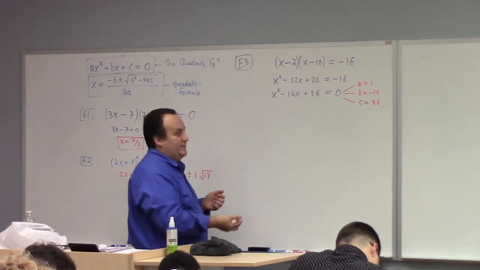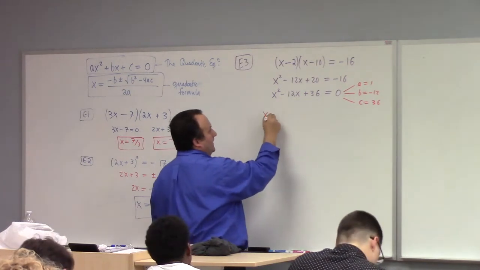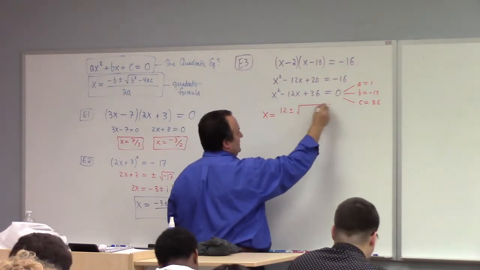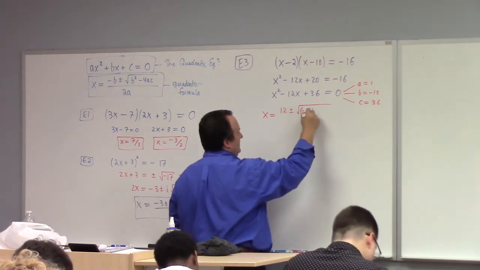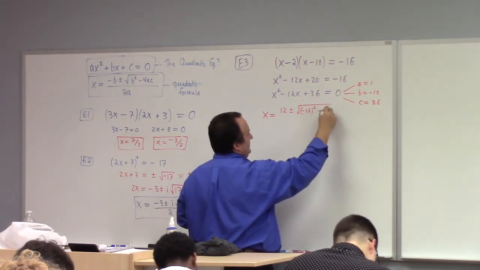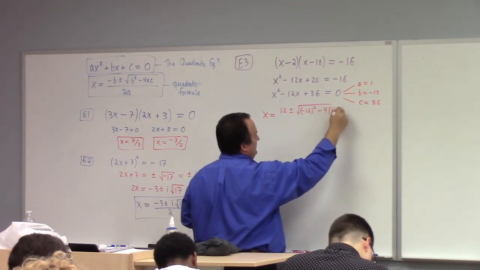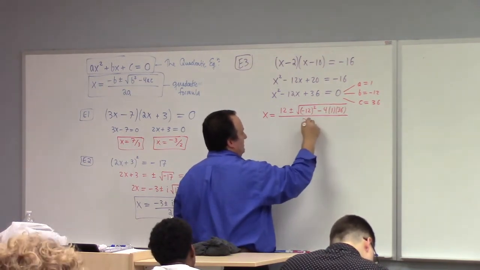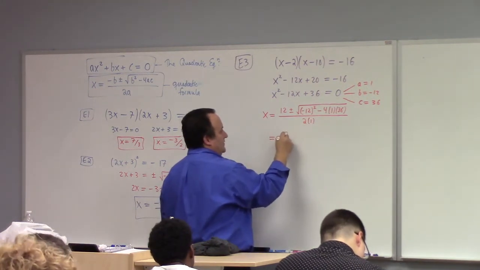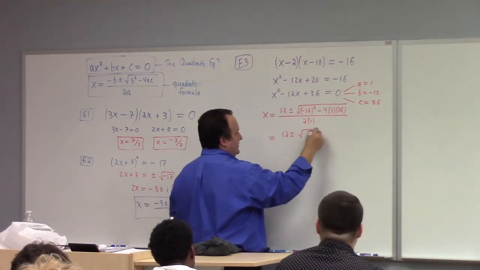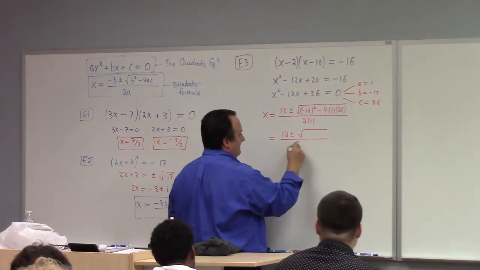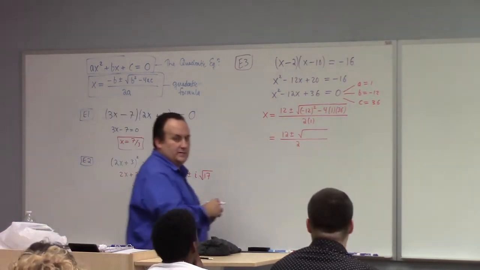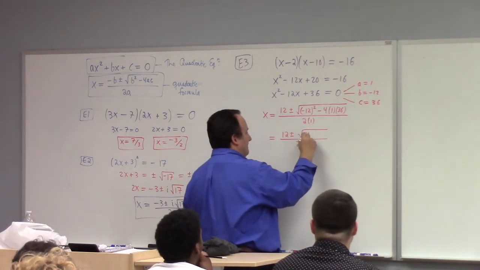So what's the quadratic formula look like here? Minus of minus 12 is 12, plus or minus the square root of minus 12 squared, minus 4 times 1 times 36, all divided by 2 times 1. So x is 12 plus or minus the square root of what? Well, 12 squared, that's 144. I can do that, right? What's 4 times 36?